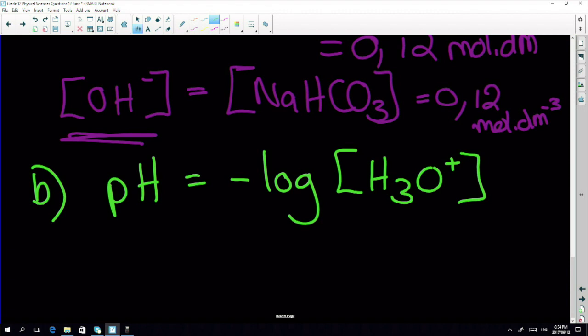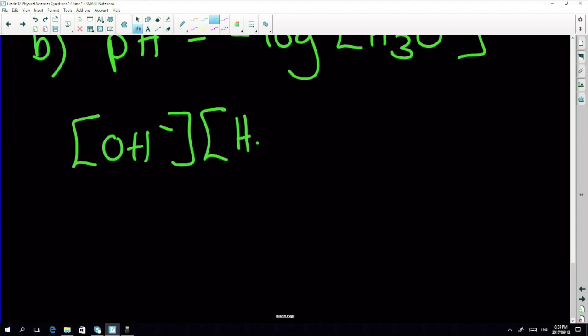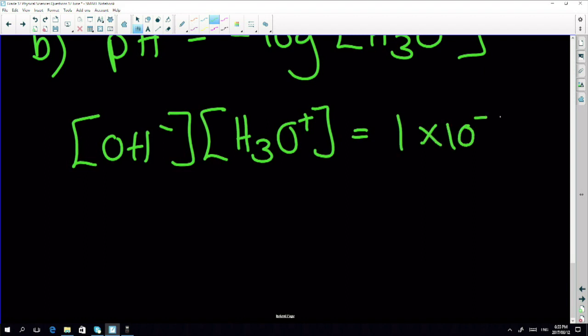We don't have it, but we have the OH minus concentration. The OH minus concentration times the H3O plus concentration is equal to 1 times 10 to the minus 14, because that's where we get our pH scale from.